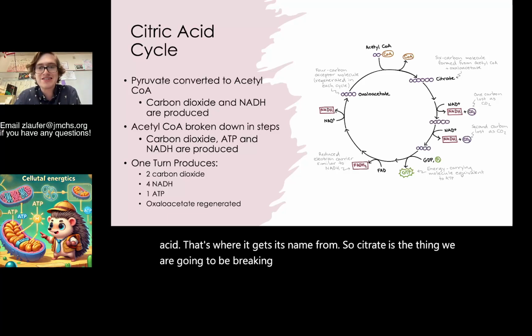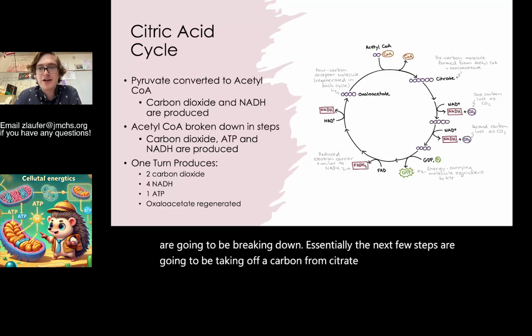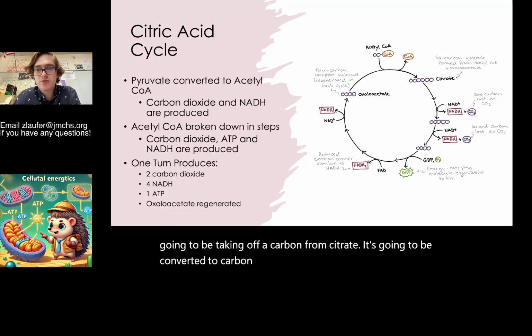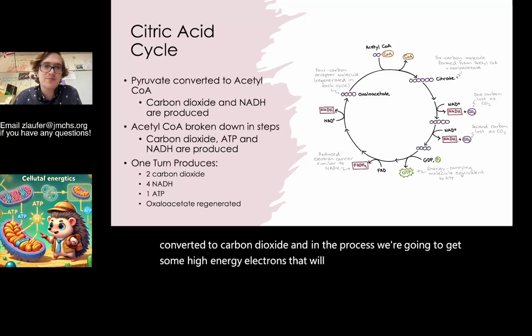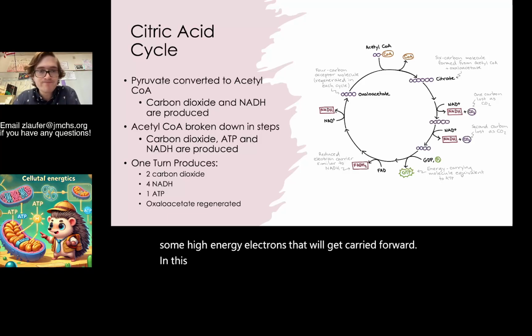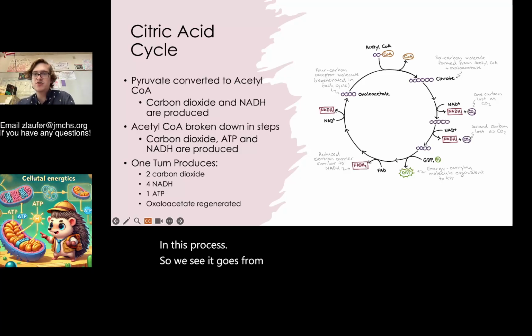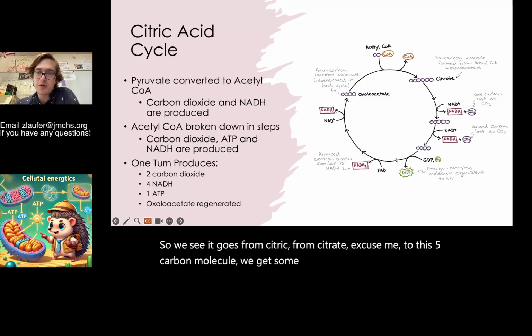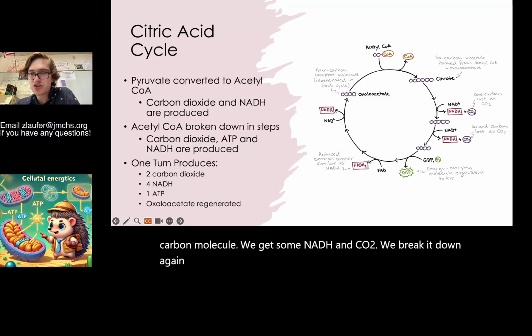Essentially, the next few steps are going to be taking off a carbon from citrate. It's going to be converted to carbon dioxide. And in the process, we're going to get some high energy electrons that will get carried forward in this process. So we see it goes from citrate to this 5-carbon molecule. We get some NADH and CO2. We break it down again. Again, we get some NADH carrying those high energy electrons and CO2.